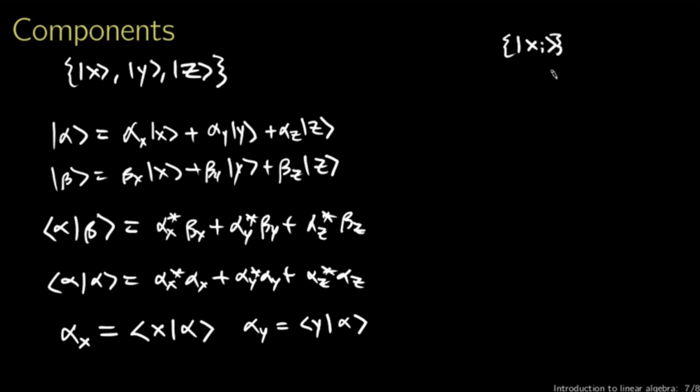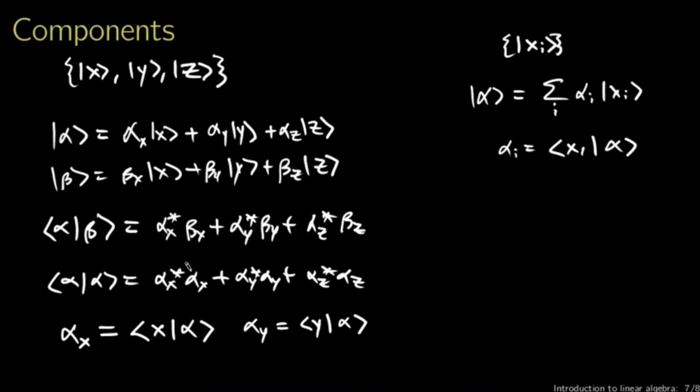If I have some set of orthonormal basis kets x sub i, I can write the vector alpha as the sum over i of alpha sub i times x sub i, given suitable definitions for alpha sub i. In particular, alpha sub i is x sub i inner product with the vector alpha.